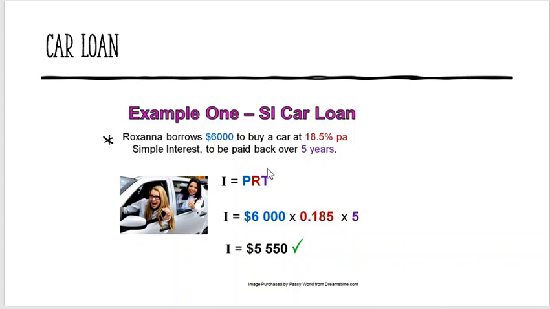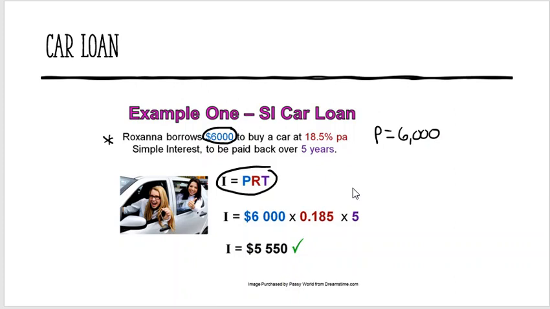Okay, so to calculate the interest, or the I, we're going to use the formula I equals P times R times T. Now, when we look back at the scenario we were given, Roxana borrows $6,000. Okay, that is your P. That is your principal. That is the amount that she borrowed.